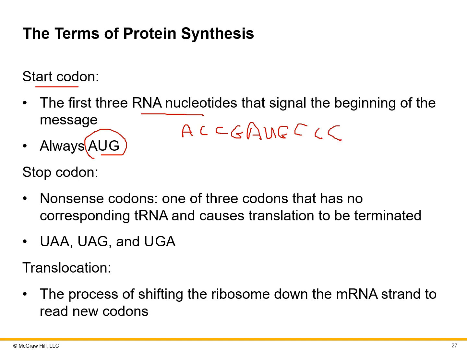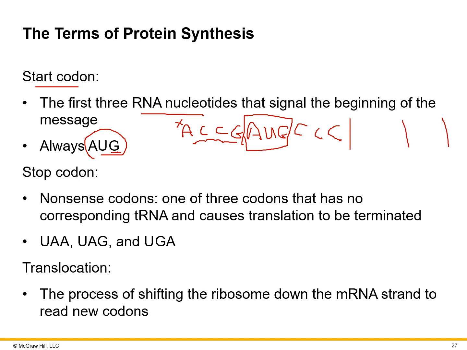So again, our RNA molecule, these are all the nucleotides. We don't just start right here at the beginning because we have to have an AUG. Instead it moves along until it finds that AUG, and then we start grouping into groups of 3 to form those codons.